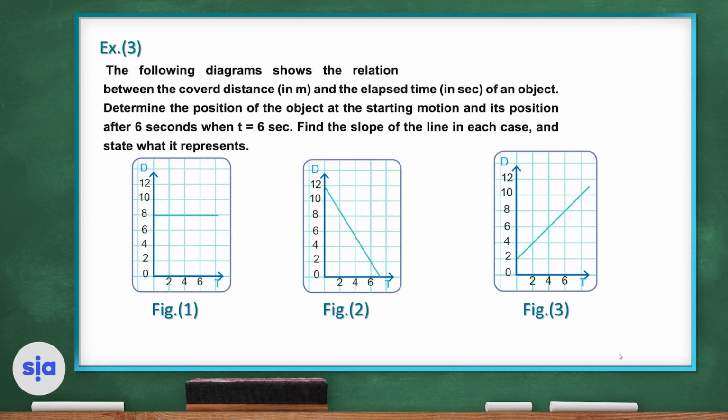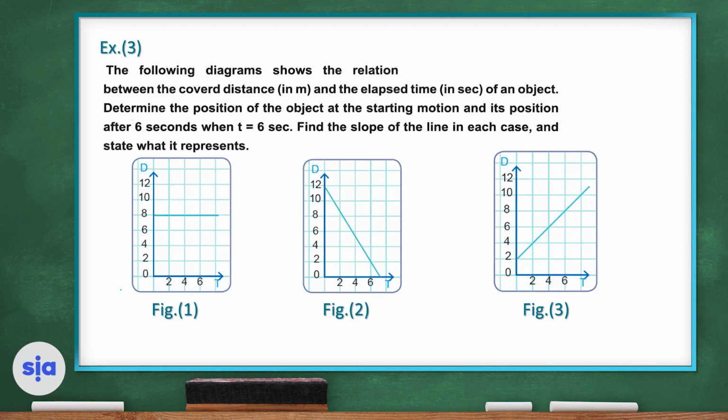The following diagrams show the relation between the covered distance in meters and the elapsed time in seconds of an object. Determine the position of the object at the start of motion and its position after 6 seconds, when t equals 6. Find the slope of the line in each case and state what it represents.